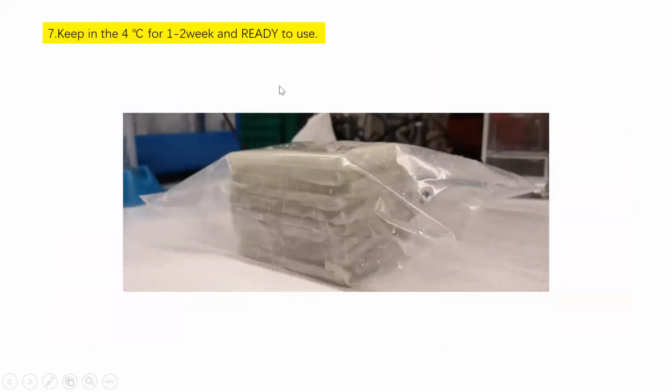And another way is that we can make the gradient gel one time. Maybe we can make 10 pieces. So at one time you can't use all of them. You can just keep it.